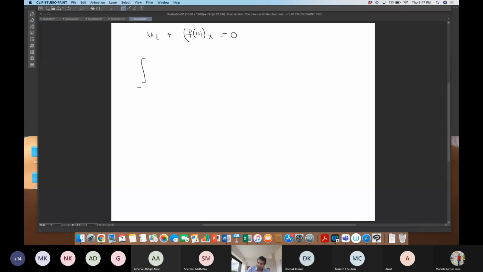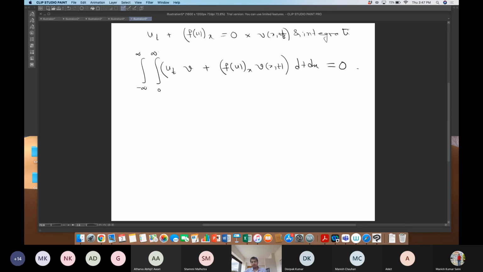You will get the integral from minus infinity to infinity, and the domain in t is 0 to infinity, of (u_t v plus f(u)_x v(x,t)) dt dx equal to 0. Multiply with v(x,t) and integrate. So this you got.